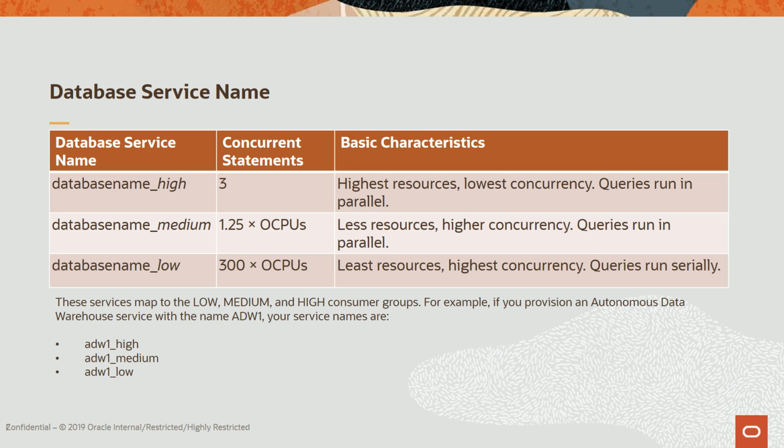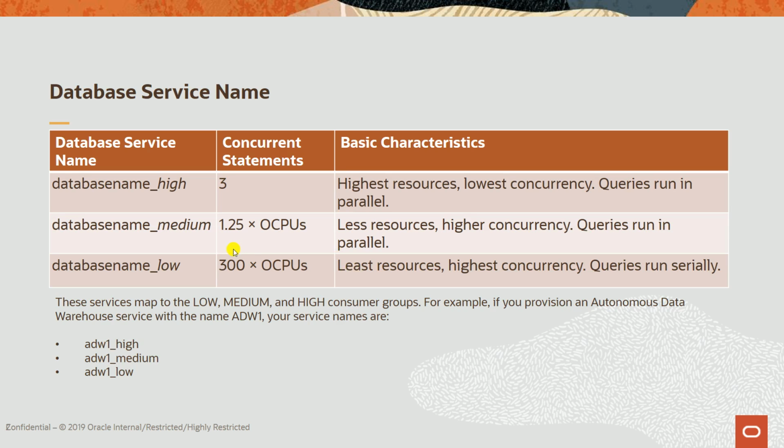In the low service, the low database service provides the least level of resources to each SQL statement, but supports the most number of concurrent SQL statements. Any SQL statement in this service can use a single CPU and multiple I/O resources in your database. The number of concurrent SQL statements that can be run in this service can be up to 300 times the number of OCPUs.